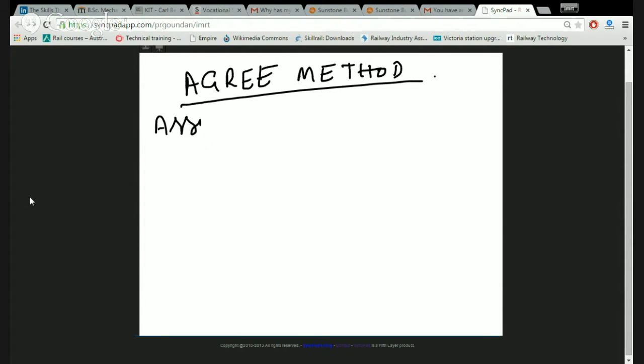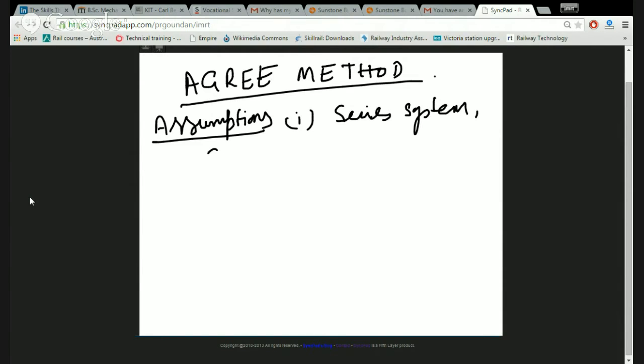Here the assumptions are, we take it as a series system. All systems are in series, which most of these things naturally are. And it contains n subsystems in series.